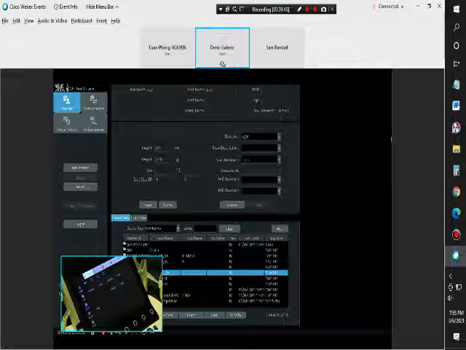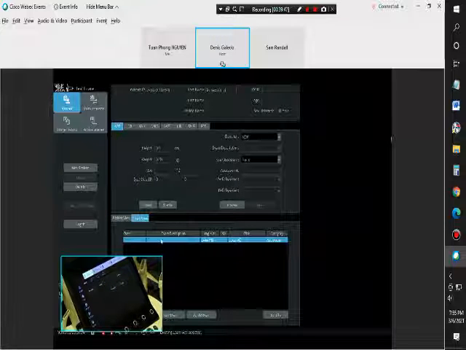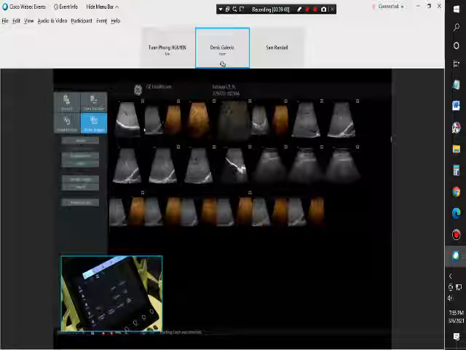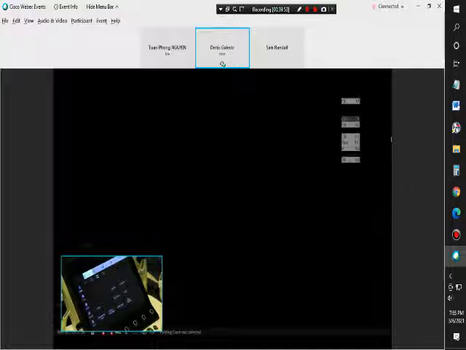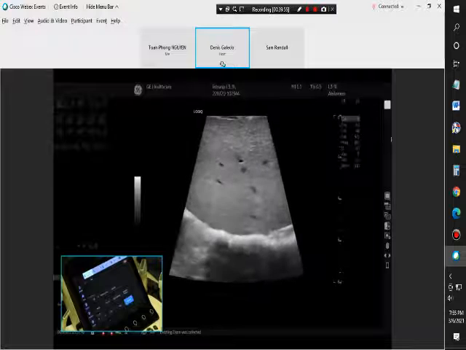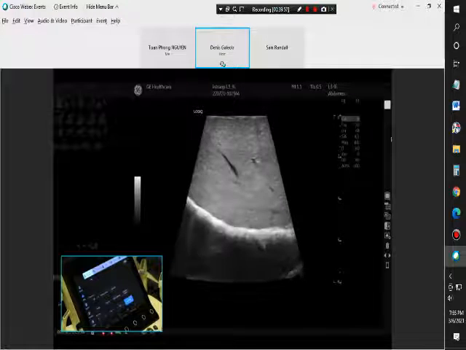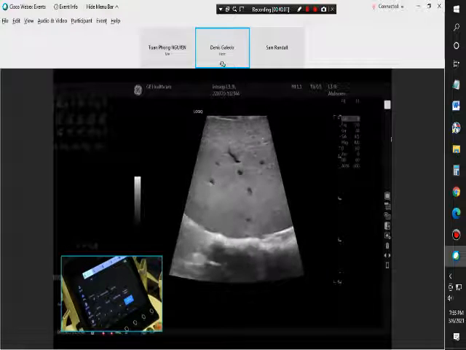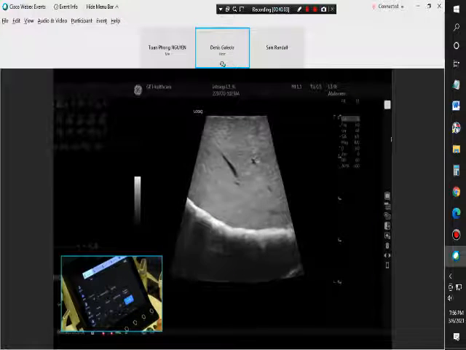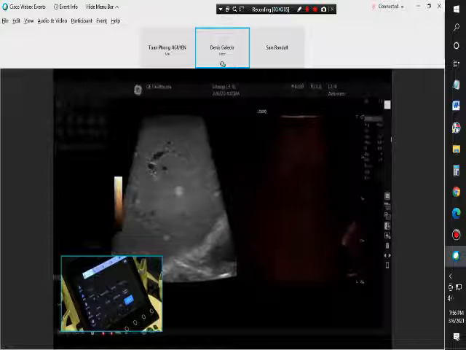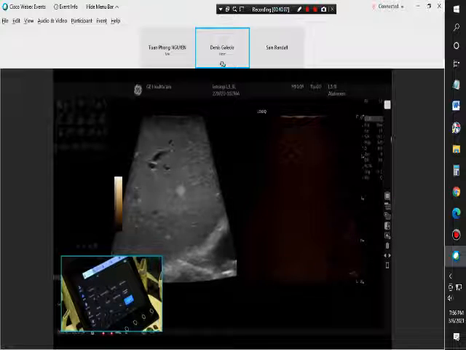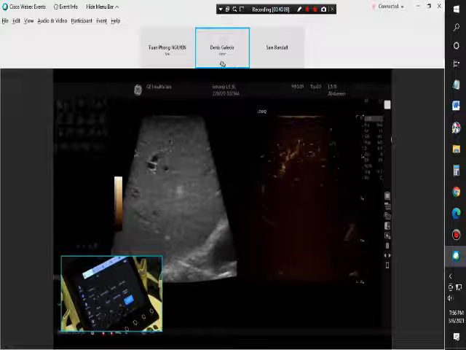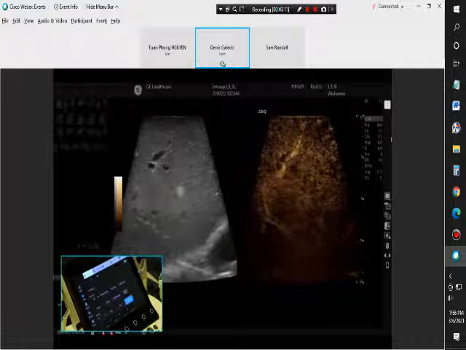And finally, we do provide an L3-29i probe. It's an intraoperative probe. Here you can see some nice images and the strength of this transducer. And for sure, for your interventional procedure, you can also add contrast-enhanced ultrasound on the L3-29i probe.